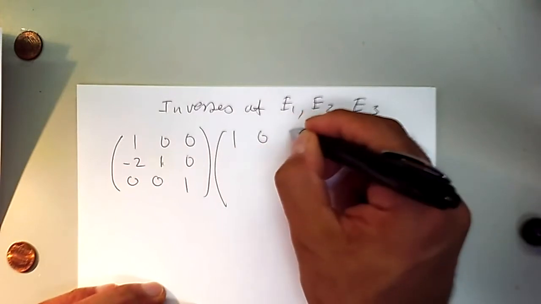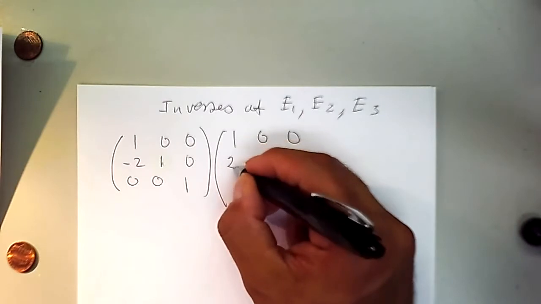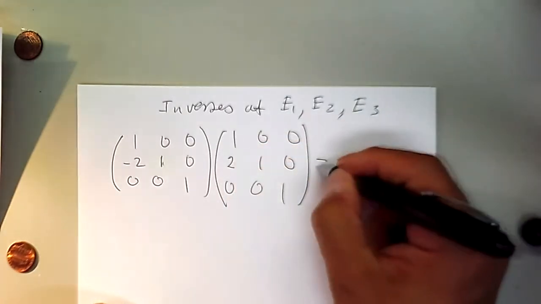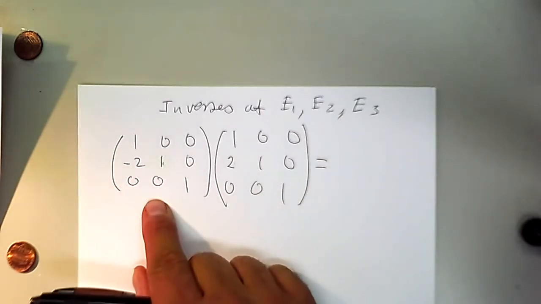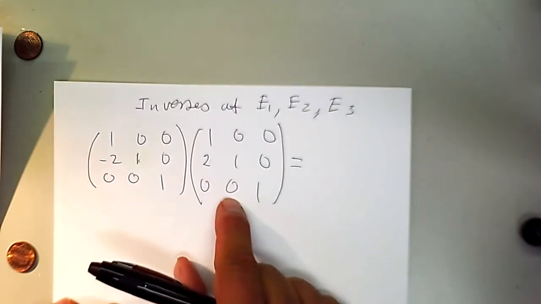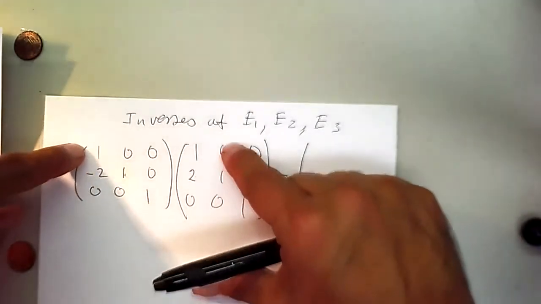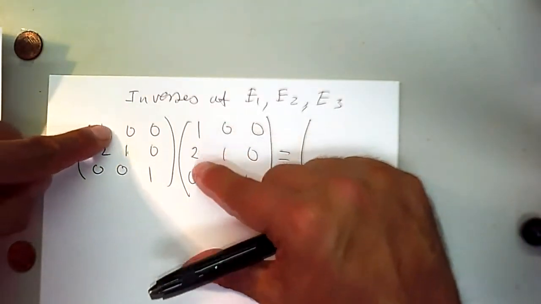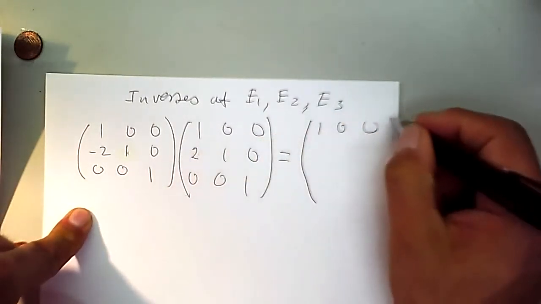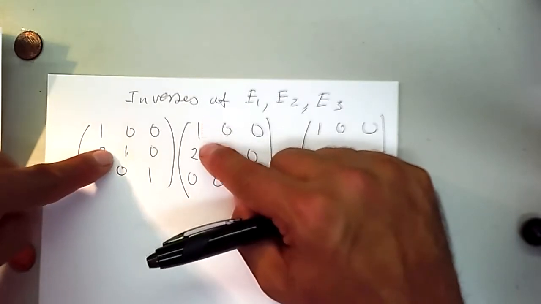1, 0, 0, 2, 1, 0, 0, 0, 1 should be the inverse of this matrix. So I'm proposing this is the inverse. How can we be sure? Well, just multiply them together, and if we get the identity, we have it. This one picks the first row, so the first row of this matrix remains. This one is the one that changes things. Negative 2 plus 2, 0.